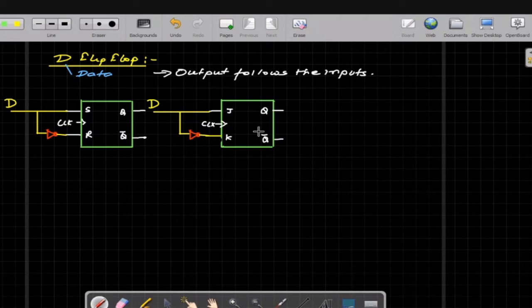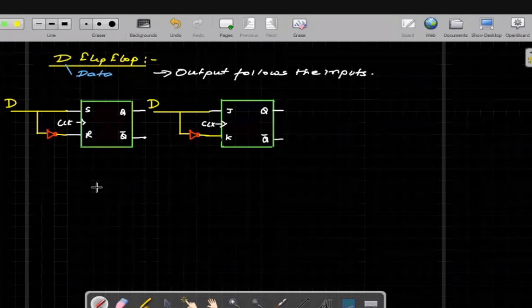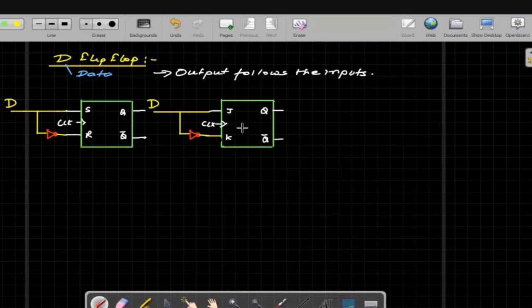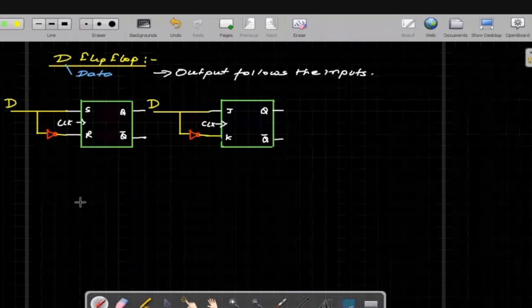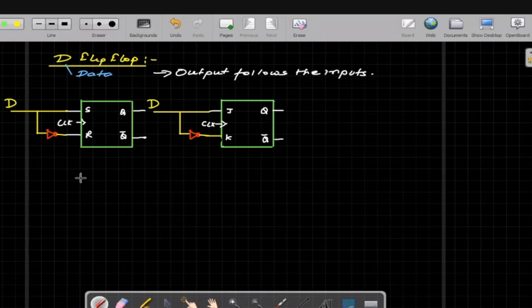And there is one interesting thing: if you are designing your D flip-flop using SR flip-flop, let me give you one interesting trick about this. First of all, draw the truth table of SR flip-flop.